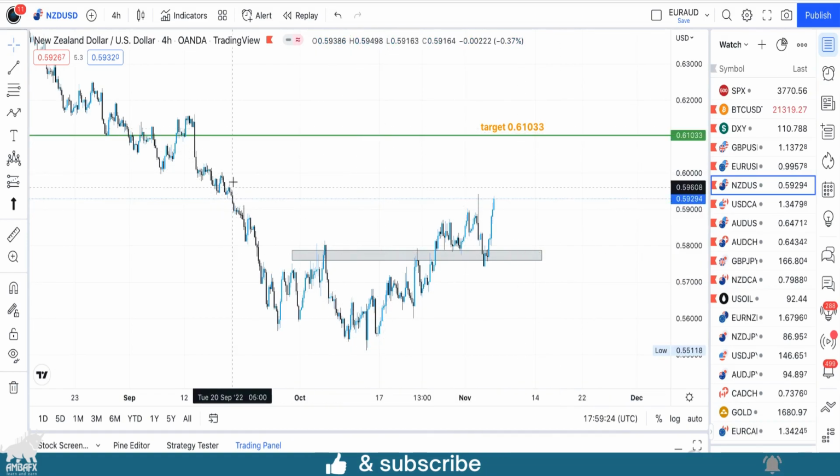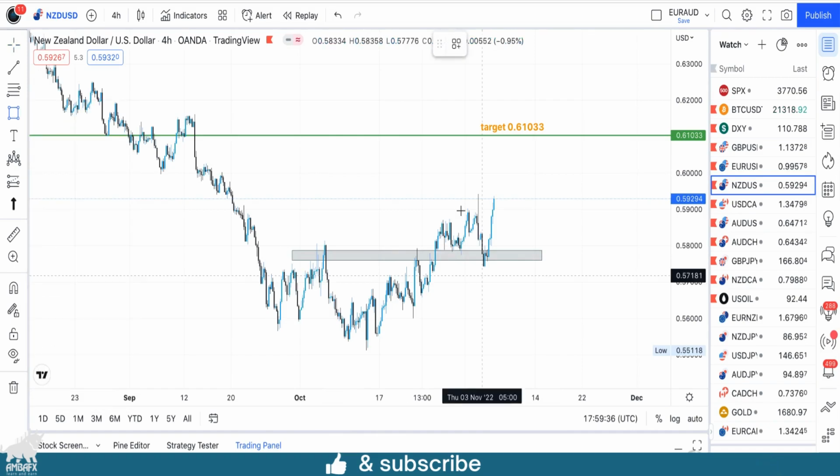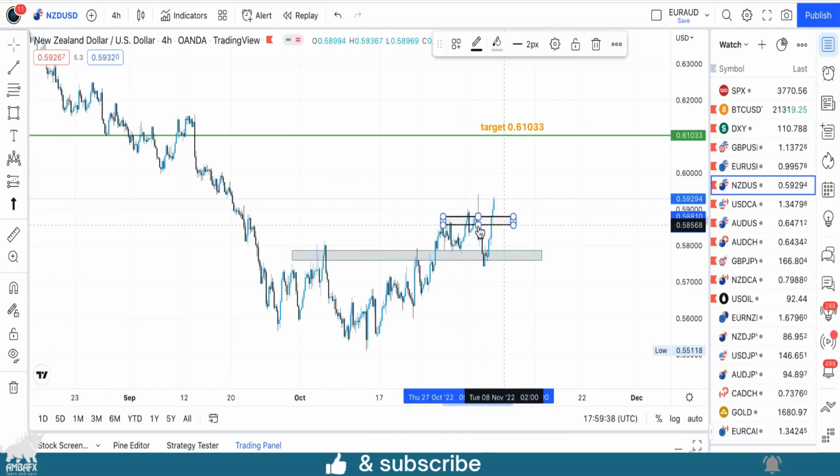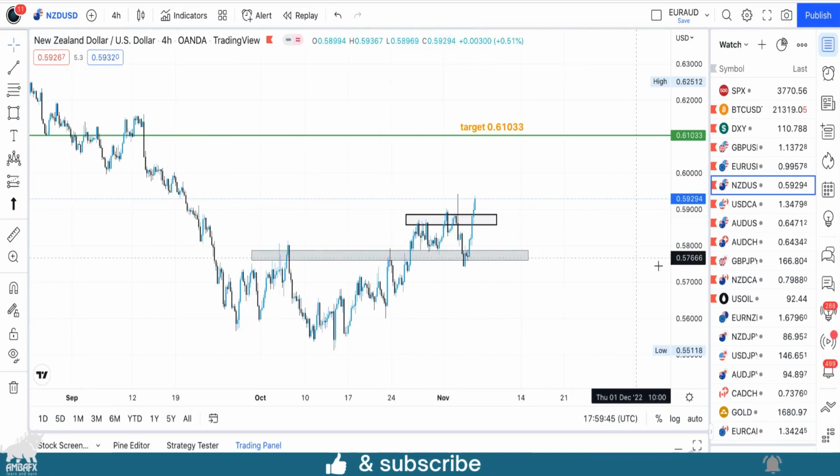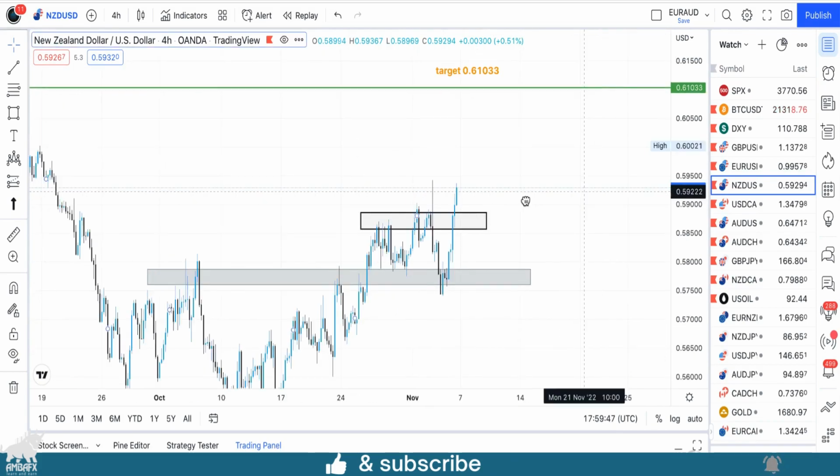Then the CPI will make justice to the rest of it. Maybe we are going to have a long-term weakness, or on Thursday we are going to have a move to the upside in the USD. So here we should have a move to this side because it has broken this particular resistance in the 4-hour time frame.